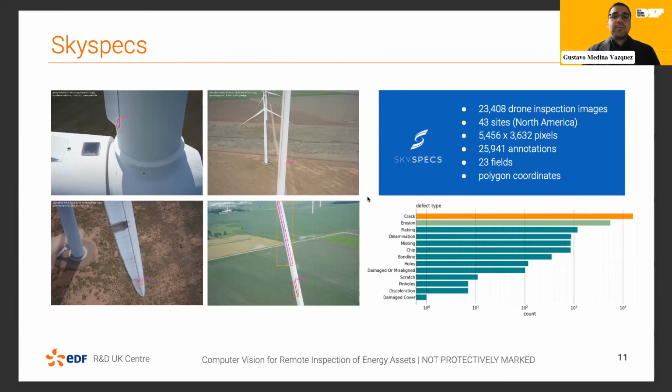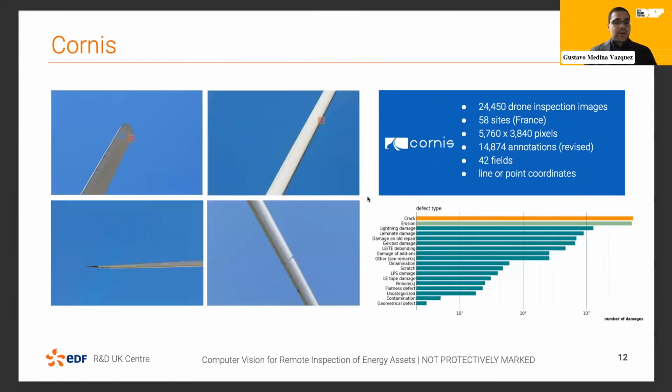The other main data source is from another inspection company, Cornice. This is mainly for inspection in our sites in France. And here, the main difference is that this is ground-based photography. So now the background is mostly just the sky. This simplifies the problem to some extent, because most of the time, what you're going to see is just the sky.